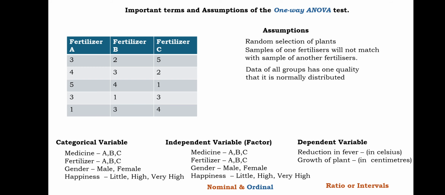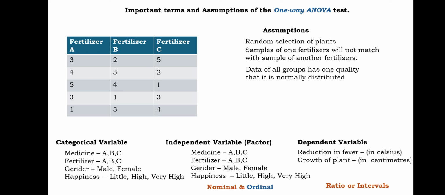One more thing we have to assume. For example, in fertilizer A, we have plants A, B, C, D, and E. This data, 3, 4, 5, 3, 1, will be normally distributed. It means most of the data will lie near the average, some plants will go far above the average, and some plants will be very low from the average.